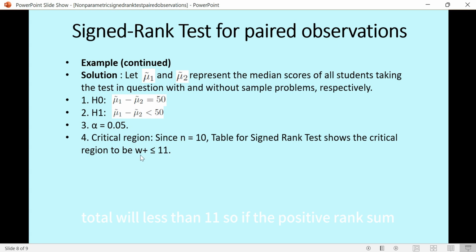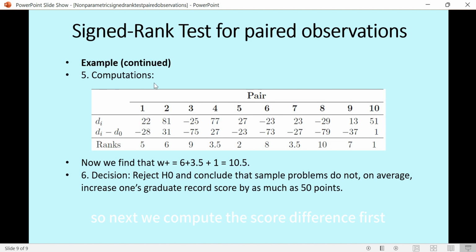So if the positive rank sum is less than or equal to 11, then we reject the null hypothesis in favor of the alternative hypothesis that the score increase is less than 50. Next we compute the score differences first. Here d_i is the difference between each pair.